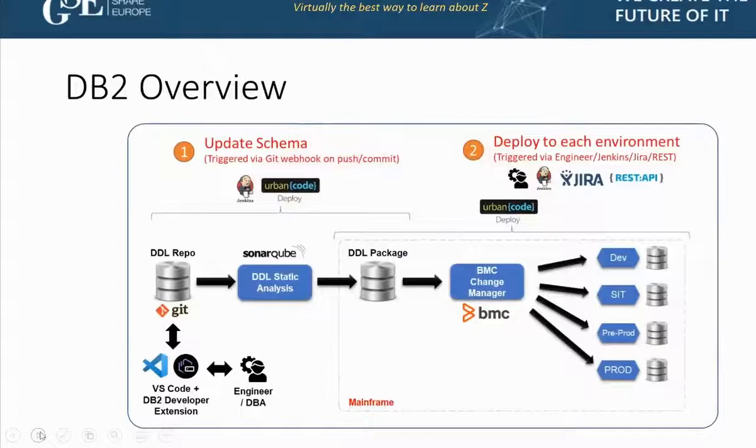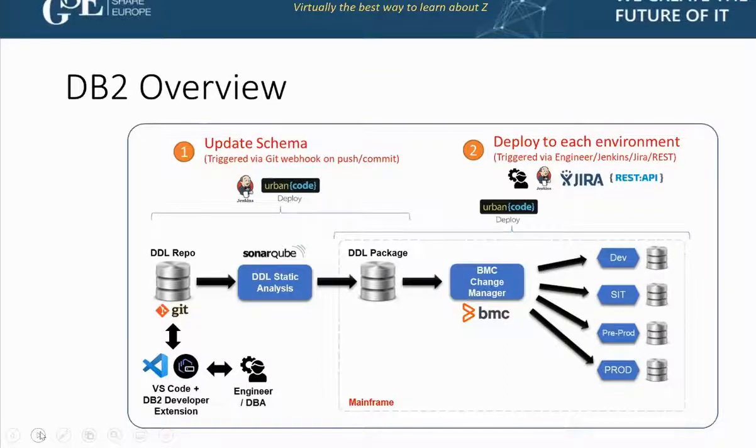Okay, so this is the bird's eye view of our DB2 process. The DB2 is captured from production and tidied up. We form a DB2 repo, which is within a GitHub organization that belongs to the team that owns the database.